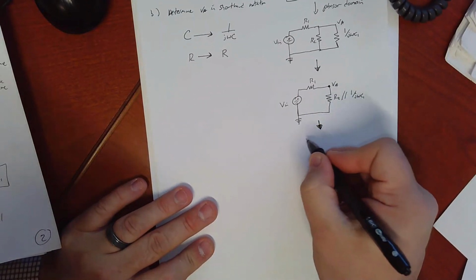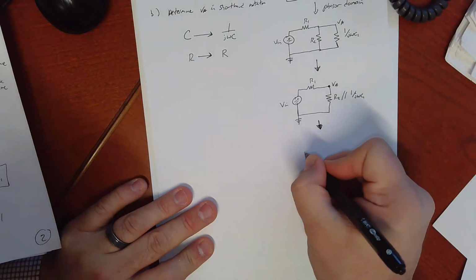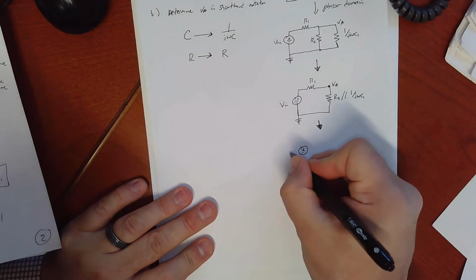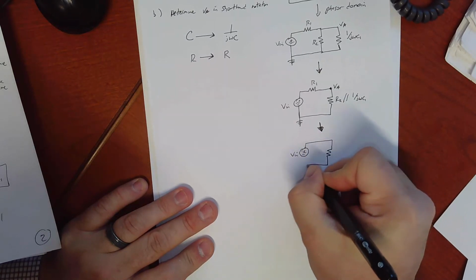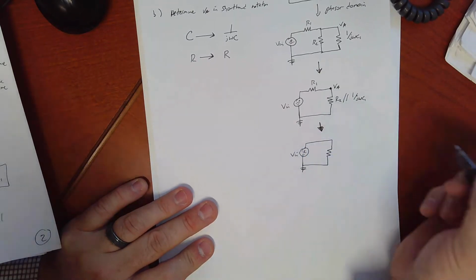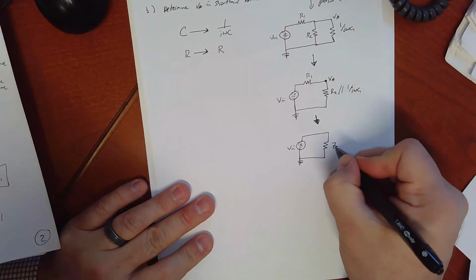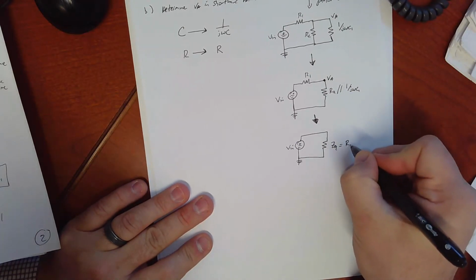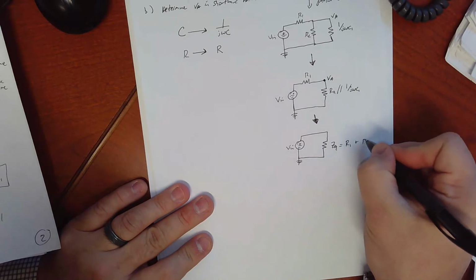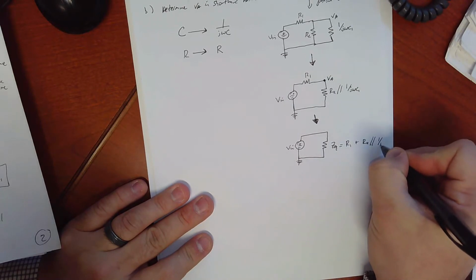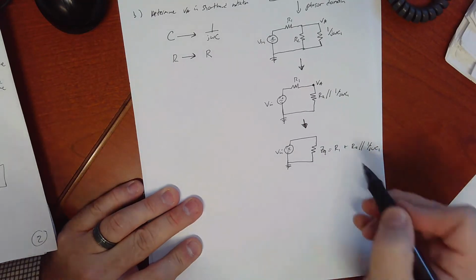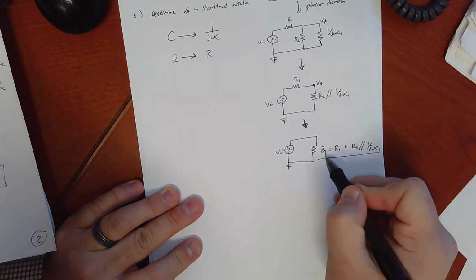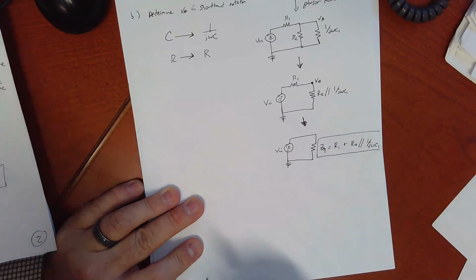If we do that, we get a single complex resistor here, Z equivalent, and that's going to be equal to R1 plus R2 parallel 1 over j omega C1. So here is our answer for part A.